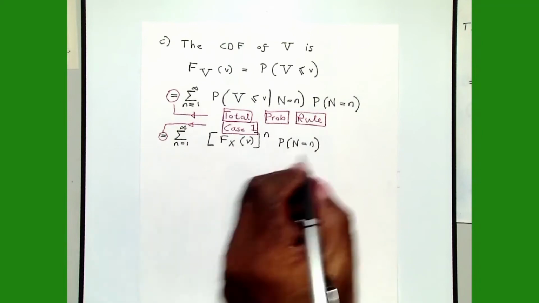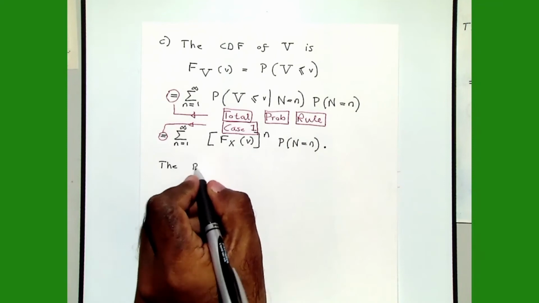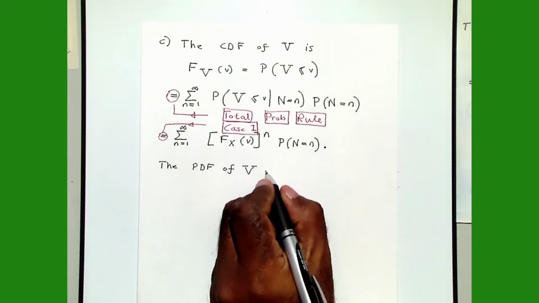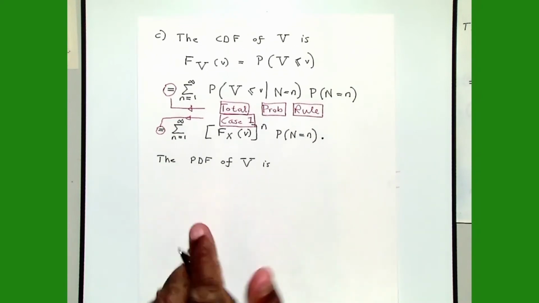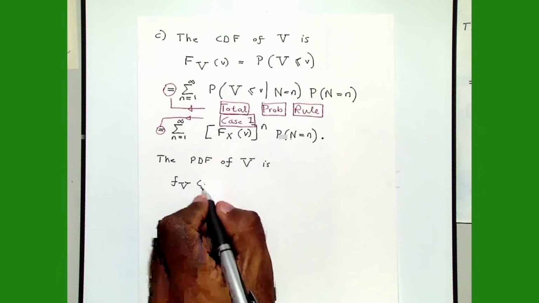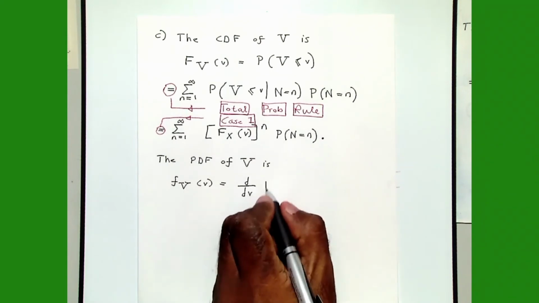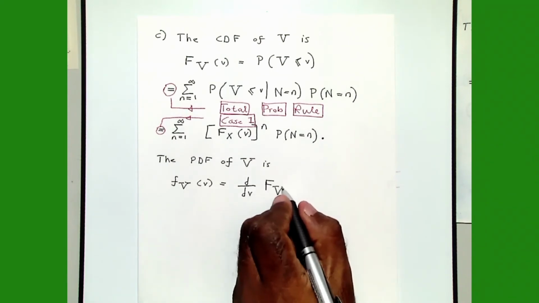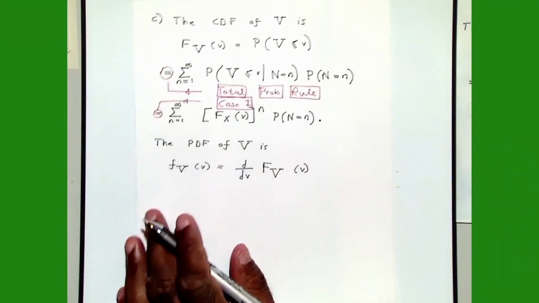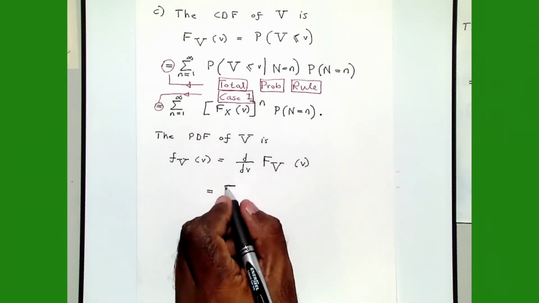Okay, now this is the CDF. The PDF of V is just simply the derivative, so if you differentiate this with respect to V, this is what you will get. You will get the following.